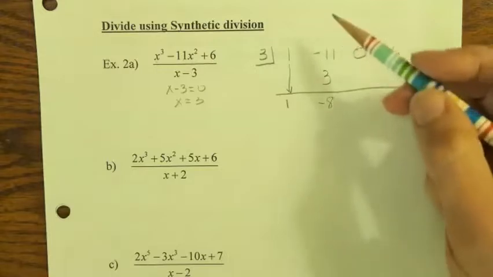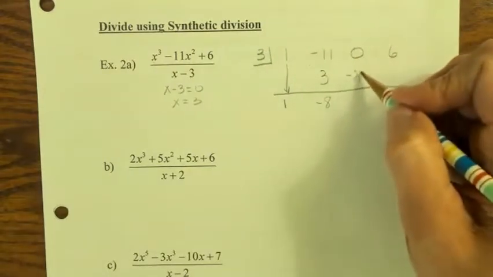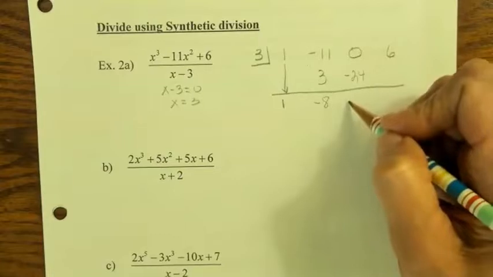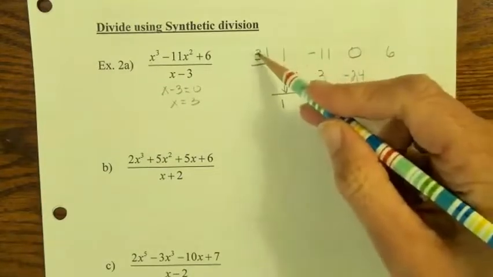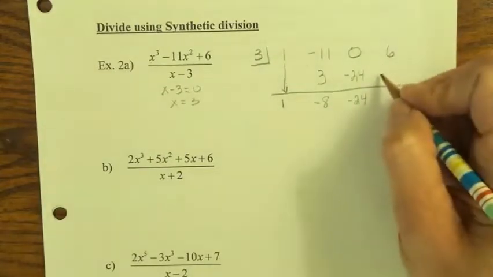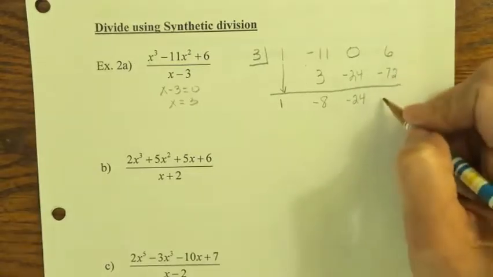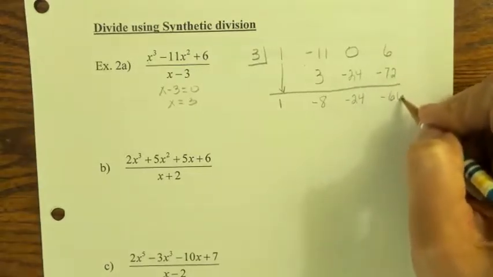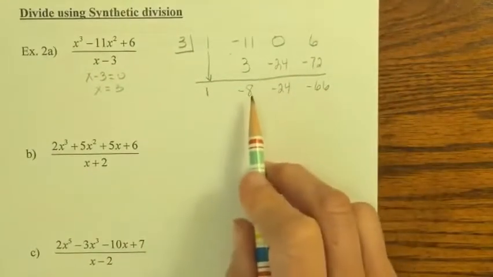Then I start the multiplication process again. 3 times negative 8 is negative 24, and we add these numbers. So negative 24. Multiply 3 times negative 24 is negative 72, and then we add these numbers. So that's negative 66.